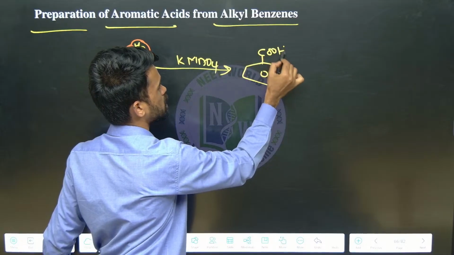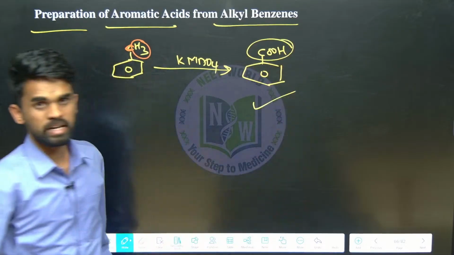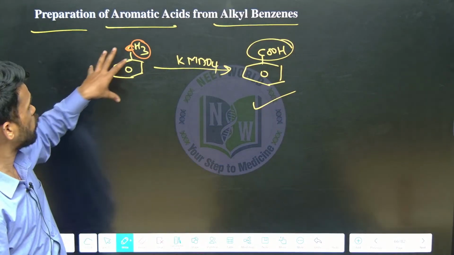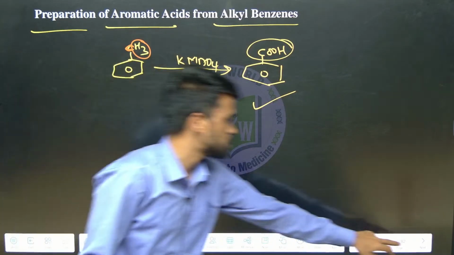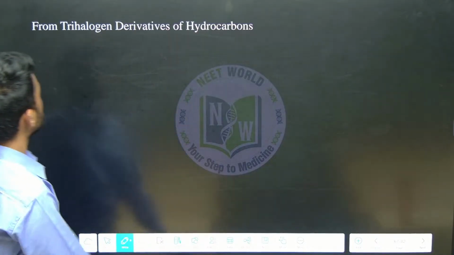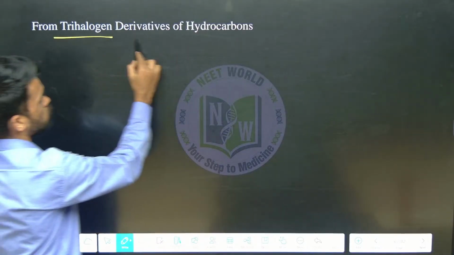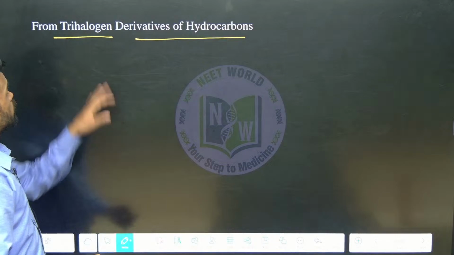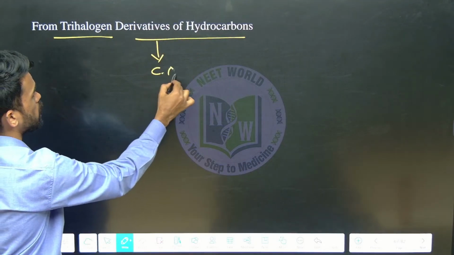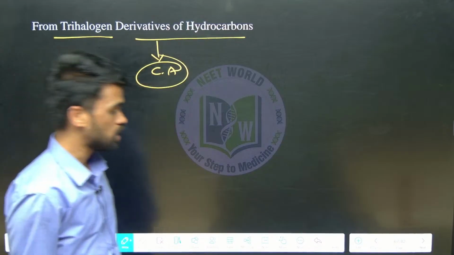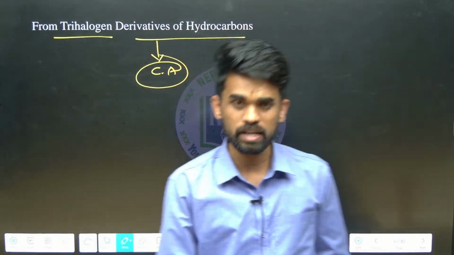So benzoic acid is produced here. Okay, this is a reaction you can remember, from aromatic alkyl benzenes to aromatic carboxylic acids. The next one is trihalogen derivatives of hydrocarbons to carboxylic acids, we need to discuss. So this will be continued in the next session.